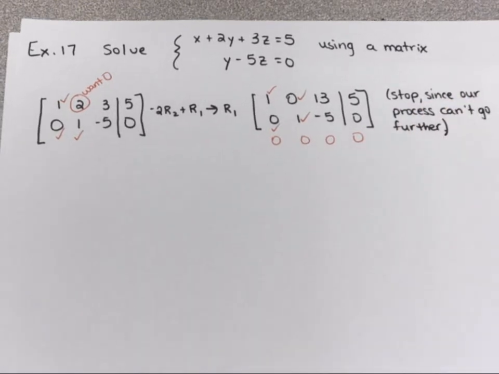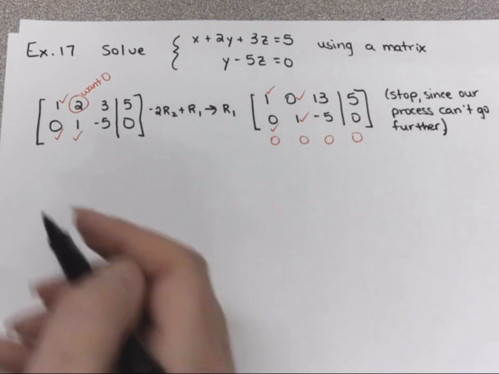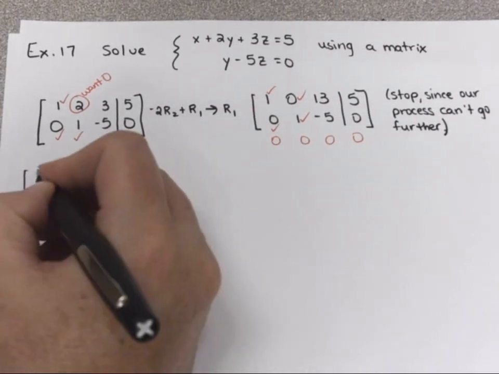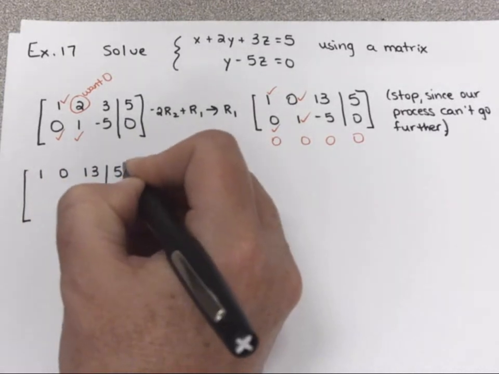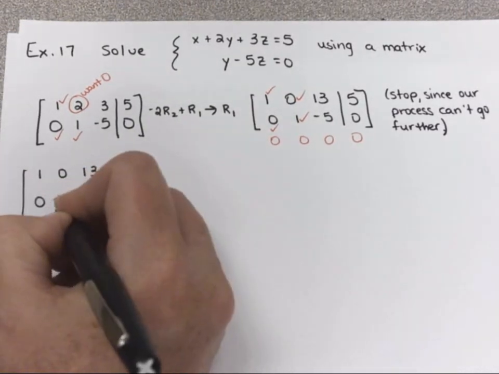Okay, we'll never get a 1 where we want to get a 1. So in this case, I'm going to rewrite this just because I wrote something beside it. So this is what I got, right?